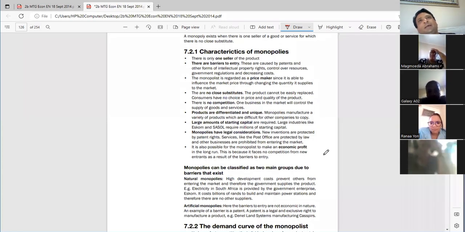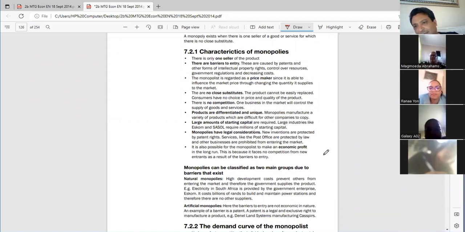Normally, if you buy Yum peanut butter, there is a substitute, am I right? Black Cat, am I right? But when it comes to ESCOM, when it comes to monopolies, there are no substitutes.